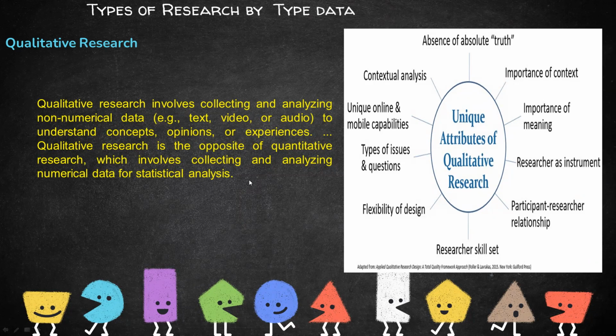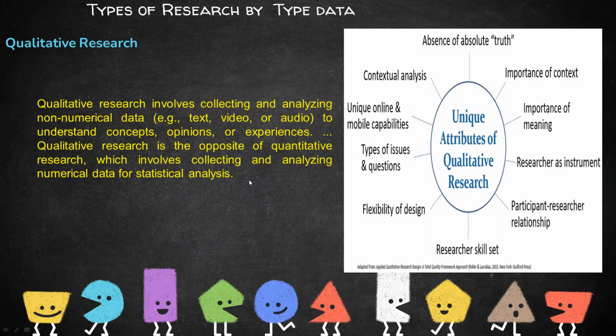The main difference between qualitative research and quantitative research is the nature of data we are using for analysis. Like in qualitative research we are using the qualitative data, and in quantitative research we are using the quantitative data.